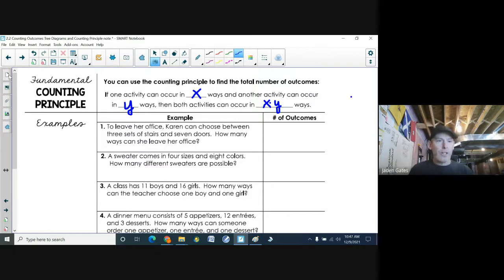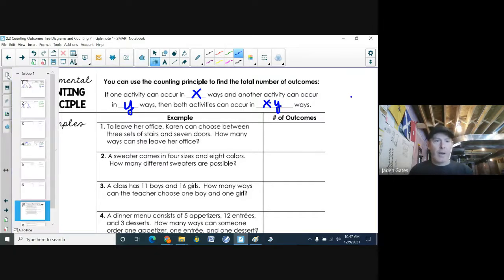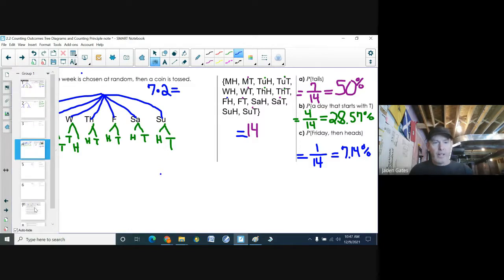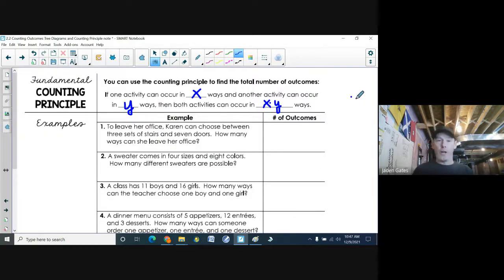All right, so for example, going back to our last example, there are 7 days of the week. And when you toss a coin, there are 2 possibilities. And if we multiply 7 times 2, that gives us our 14. So we didn't have to count them all out. Again, this is just to find the total number of outcomes.